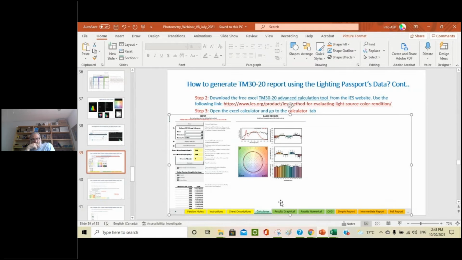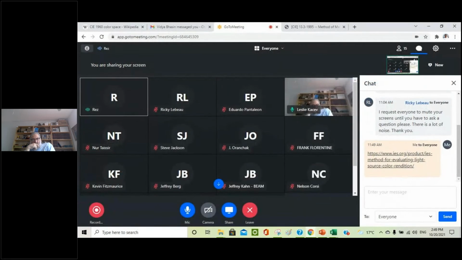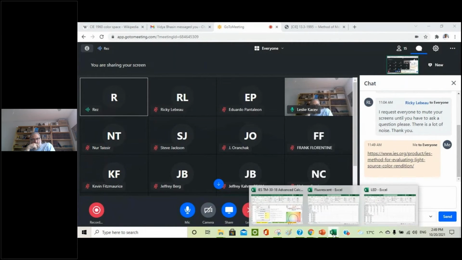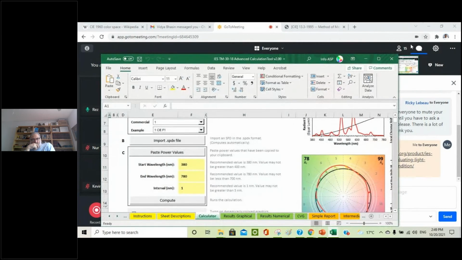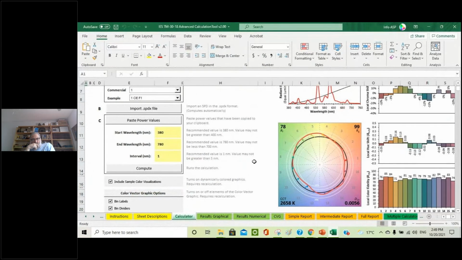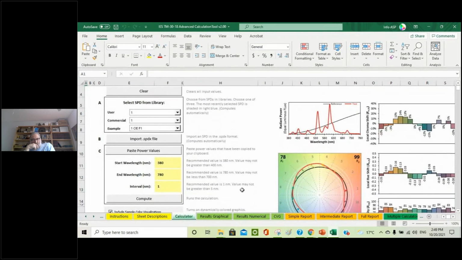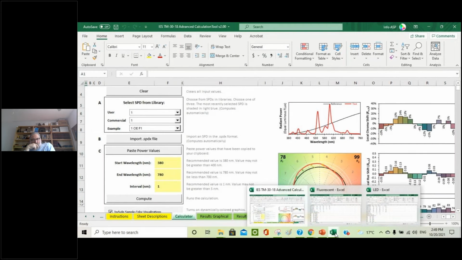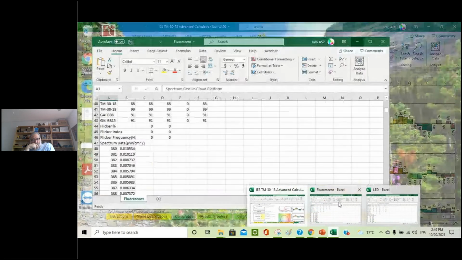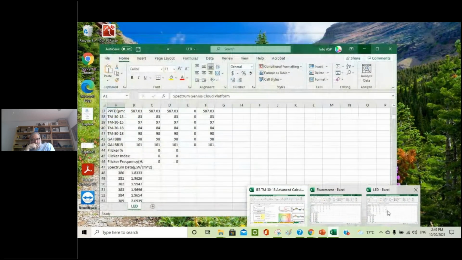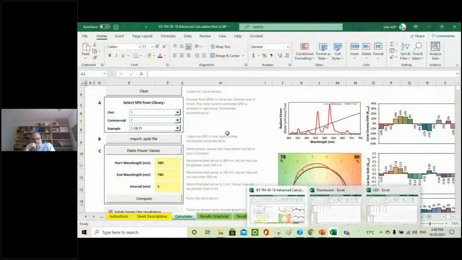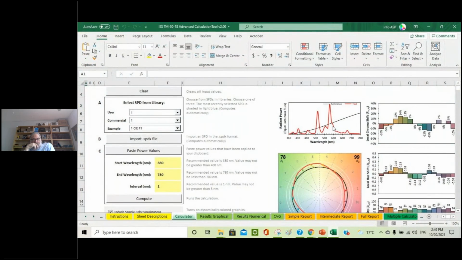And now, after you do that, you open the Excel calculator and go to the calculator tab. So let me do that. I've already opened the Excel calculator. So here is the Excel calculator. Okay, so this is the calculator tab. And then I also have some files which I have downloaded from the SGM Plus. In this case, you can see this is a fluorescent. So I want to calculate for an LED.